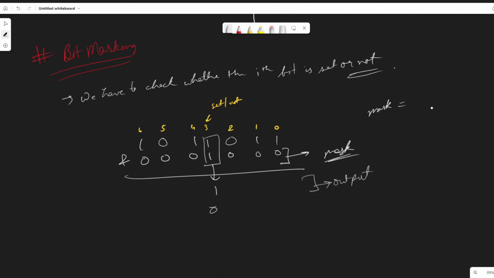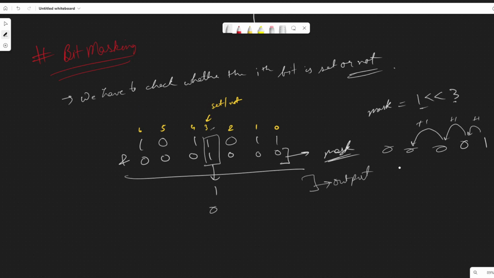We take a number, initially it is 1, and we shift it by 3 because we have to check whether the third bit is set or not. So we left shift 1 by 3. Suppose these all are 0. So moving 1 one step left side, then one step left side, then one step left side.